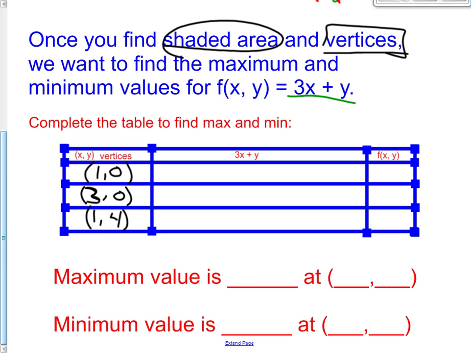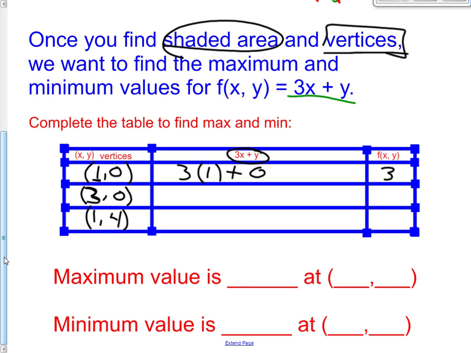And we want to find the maximum and the minimum for the values of 3x plus 2y. So when this goes right here, we want to find the highest number when we evaluate and the lowest number. That's what the maximum and the minimum means. So 3 times our x-coordinate, which in this case is 1, plus our y-coordinate of 0. So when we evaluate, 3 times 1 is 3, 3 plus 0 is 3.